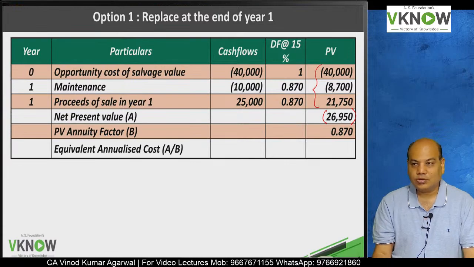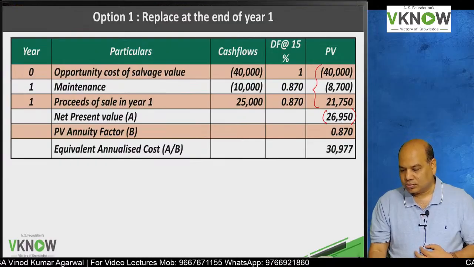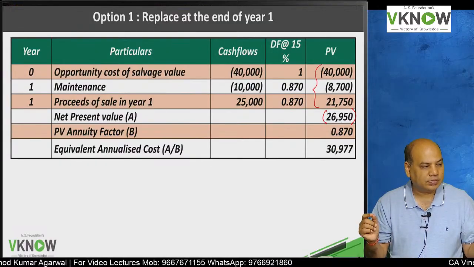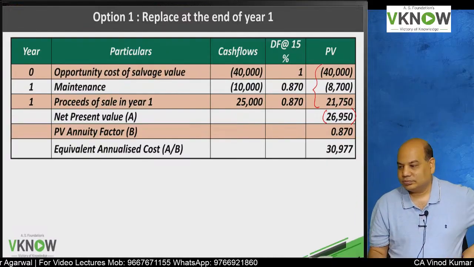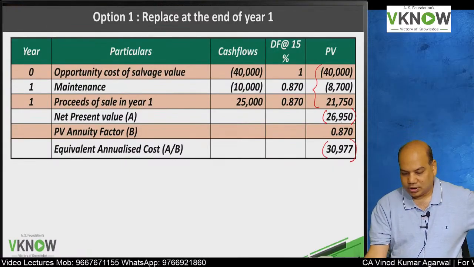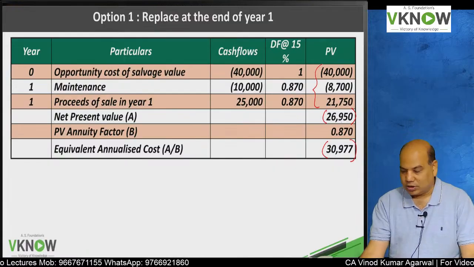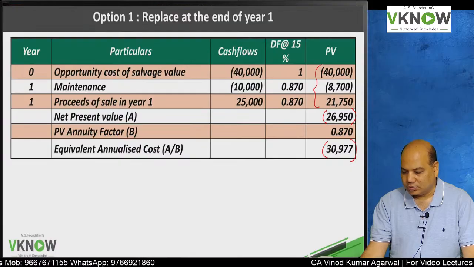Therefore, equivalent annualized cost, come on student, equivalent annualized cost 30,977. So this is higher than 28,600. Is it right?